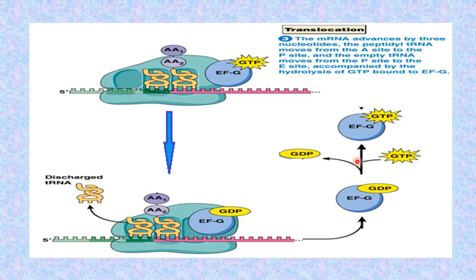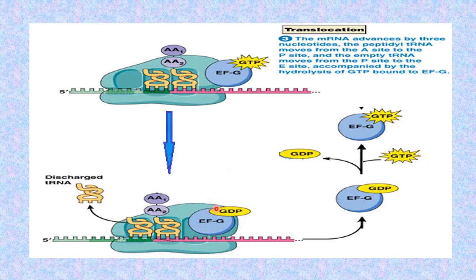And the A site will remain blocked by this elongation factor until this ribosome translocates itself so that the codons occupy these three sites. From this E site, this free transfer RNA will be released once this ribosome moves one more codon unit ahead.